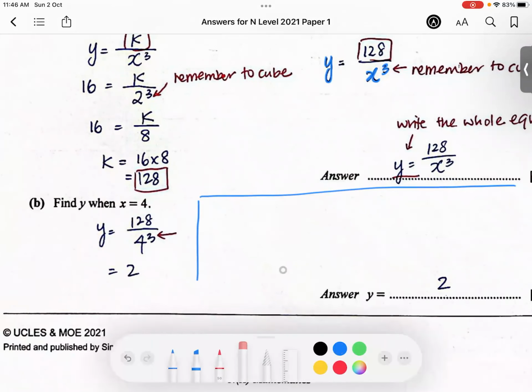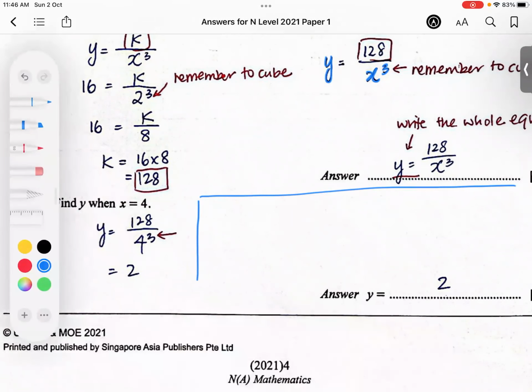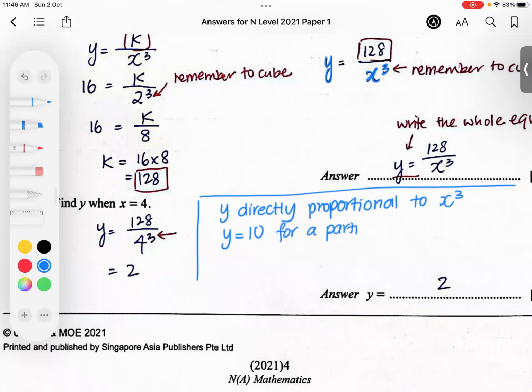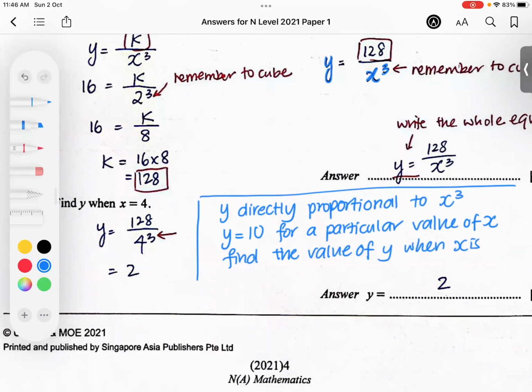Let's say I do not know the equation, and then I give you that, for example, y is directly proportional to x cube, then it's known that y equals 10 for a particular value of x. Find the value of y when x is doubled.